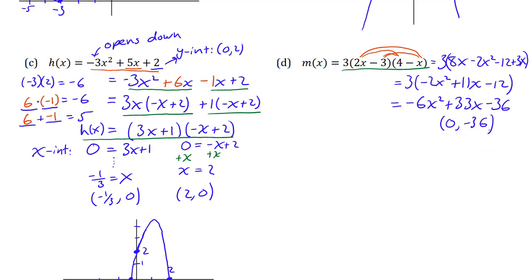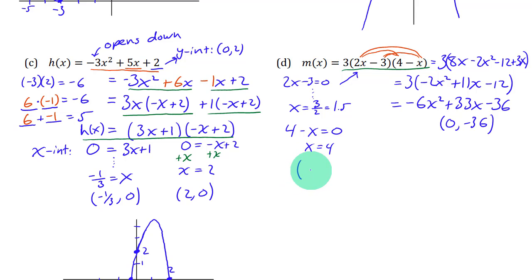We can get the values of x that make these two parts equal to 0. Making 2x minus 3 equal to 0, I'll skip some steps, you should get x equals 3 over 2, also known as 1.5. And the other x-intercept is going to be at 4 minus x equals 0, which gives you x equals 4.